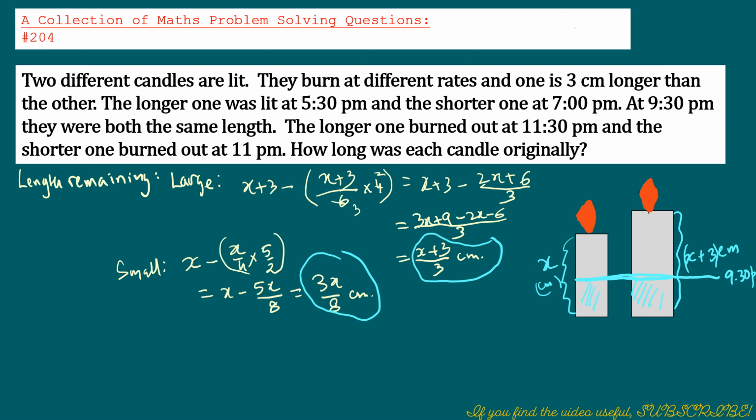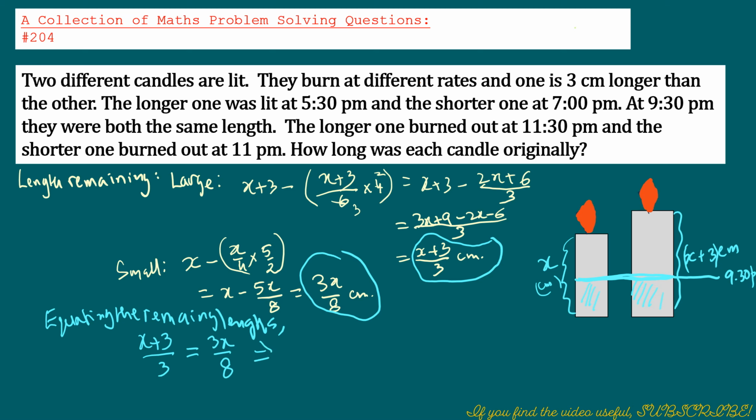So we are going to say x plus 3 out of 3 equals 3x out of 8.